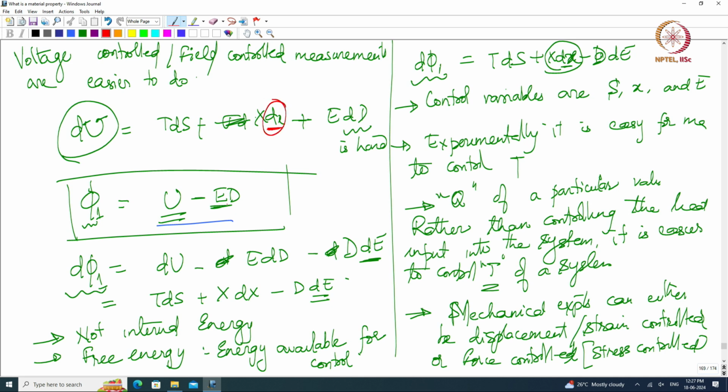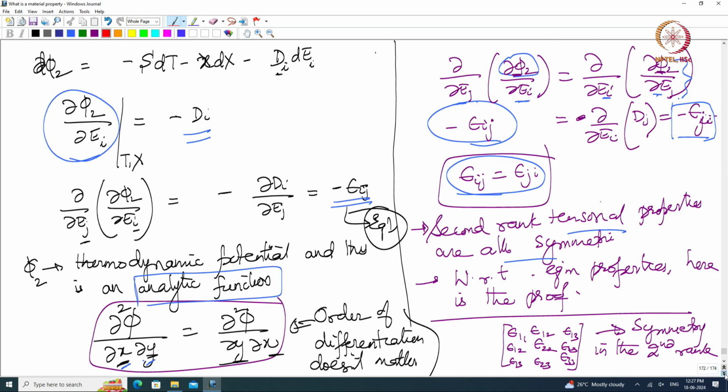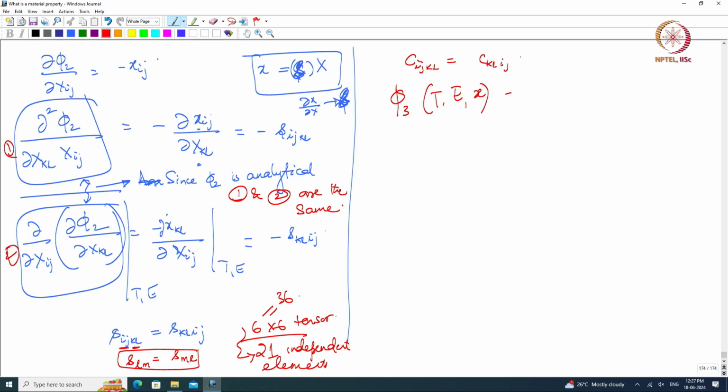So I am just going to define something like u minus Ts minus Ed, and the strain part is just remaining as it is, right. So I am going to define my phi 3 or phi 4 as u minus Ts minus Ed, and that would be dependent on temperature, electric field, and strain, because I do not have a minus xx, that does not exist, right.